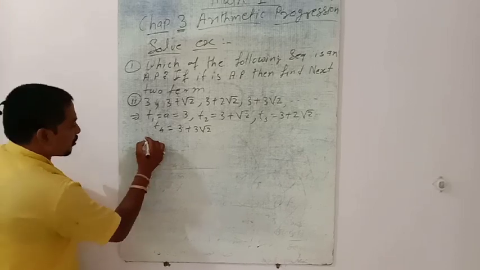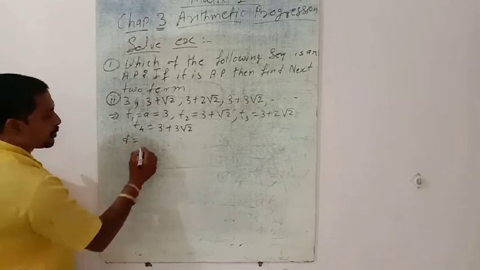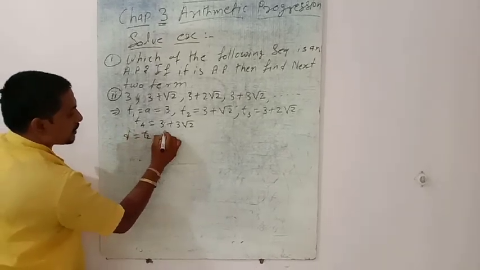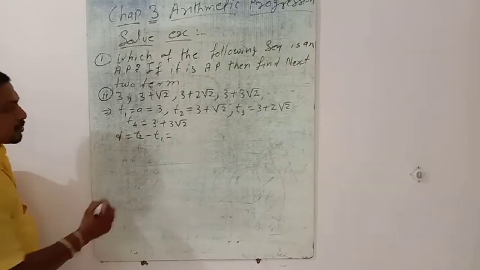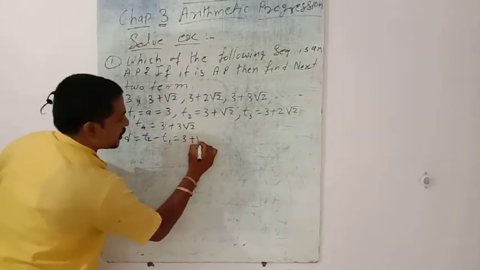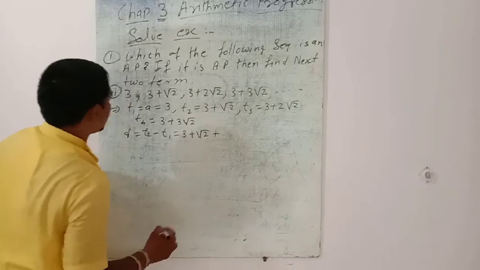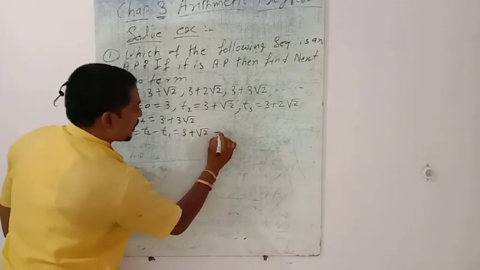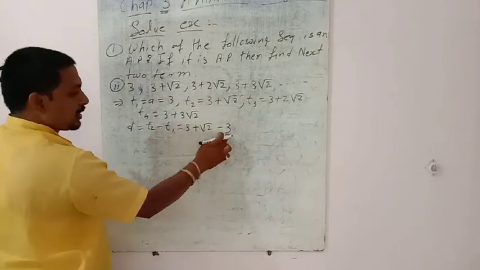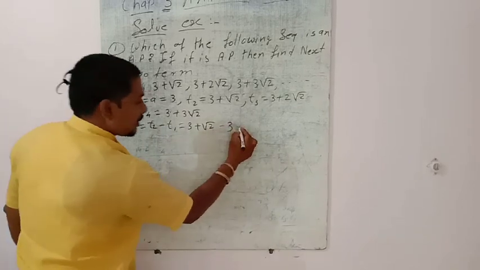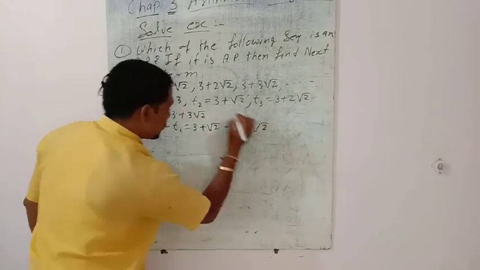Then finding the common difference, D is equal to T2 minus T1, which is 3 plus under root 2 minus 3. The 3 and minus 3 cancel, and the answer is under root 2.